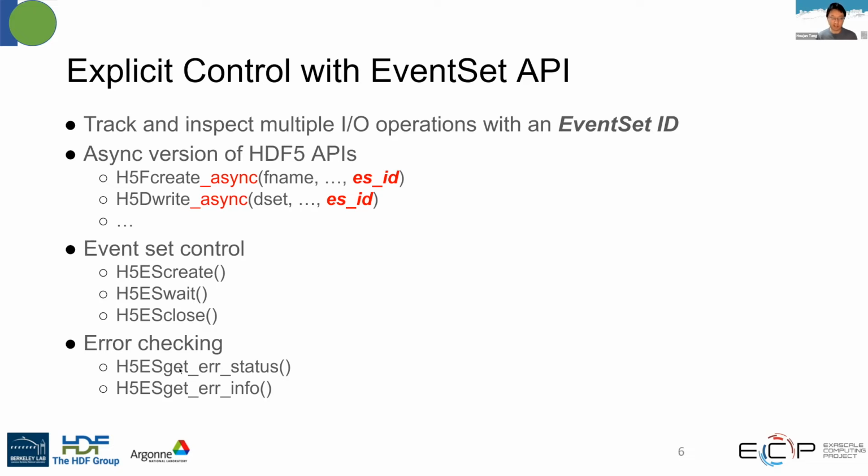We capture and record all the error information into the event set ID that is associated with the operations, and the users have to check the event set ID with H5ESget_err_info or other error checking routines to make sure that no error happens.